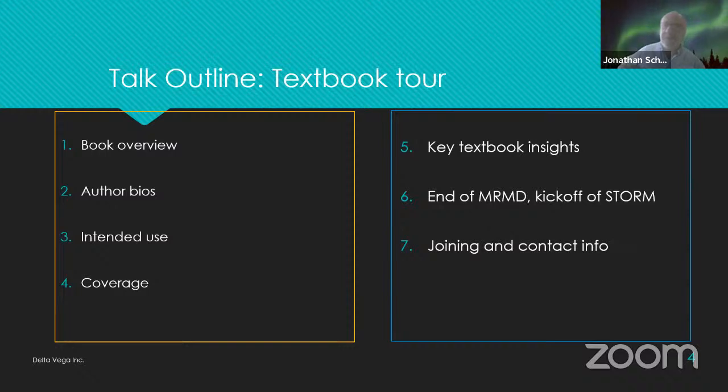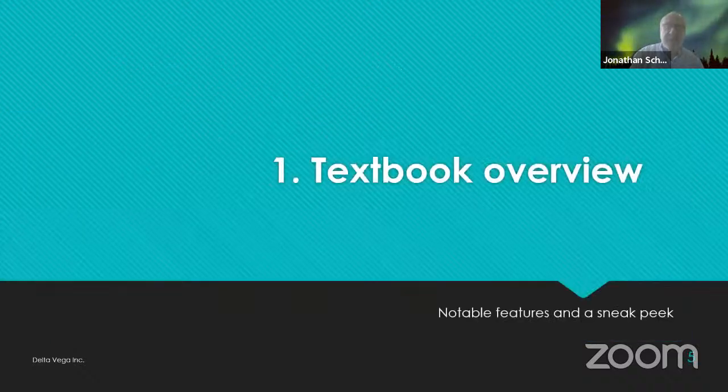I'll then present about 4 or 5 different insights that we've had. I put one in the preview this morning, and that is barcoding a model for efficiency. Then I'll talk about, as I said, this being the end of MRMD and what the new thing in this hour will be, and that'll be called Storm. And finally, how to connect.